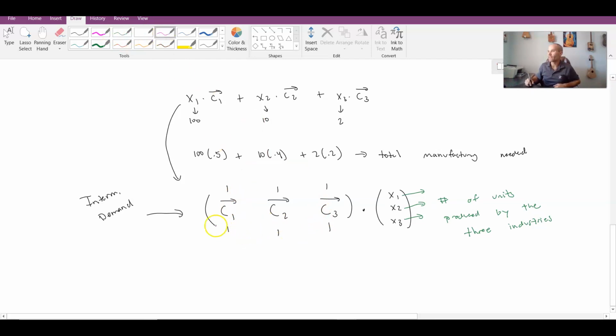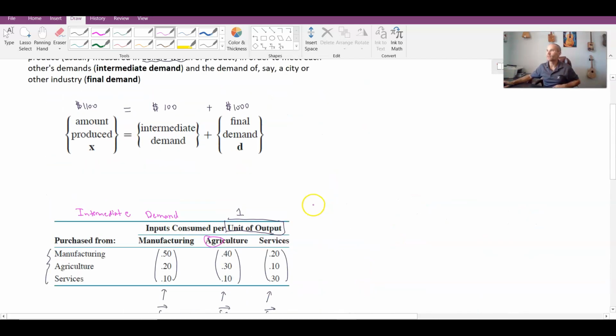So we're going to simplify this. We're going to say that this right here, we're going to call that matrix C. And then we're going to call this vector over here, we're going to call that vector X. And so this product right here gives me my intermediate demand, which is the consumption matrix multiplied by the amount produced.